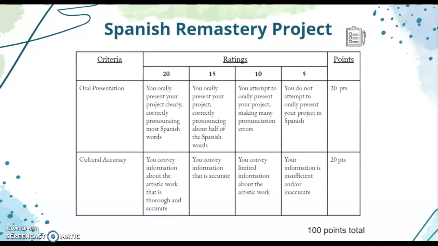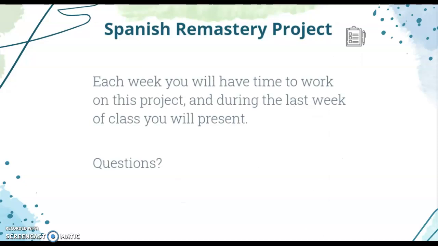You orally present your project clearly, correctly pronouncing most Spanish words. Again, it doesn't have to be perfect, but you're doing it mostly correctly, and you're making a good effort. And then cultural accuracy, you're conveying information that is thorough and accurate. And those are 20 points each, adding up to 100 points.